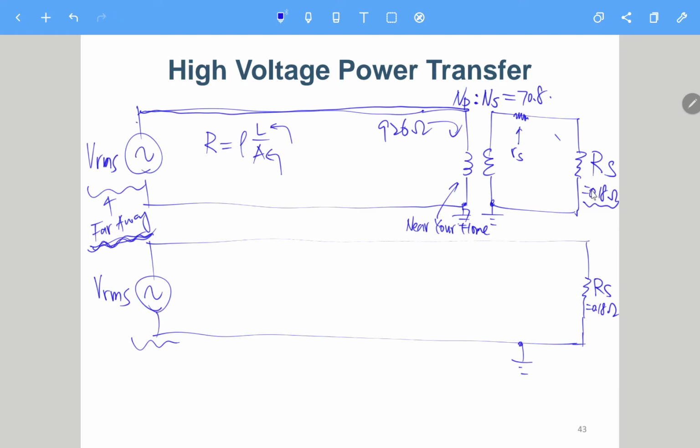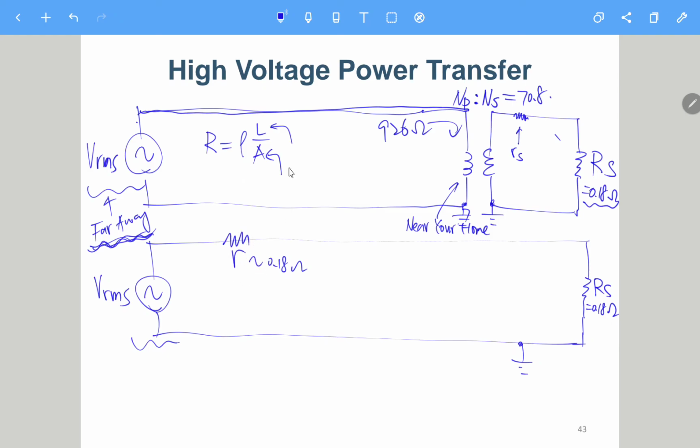If we just transfer the power from far away using a very low impedance, this R can be comparatively large to your resistance. Let's say this is near 0.18 ohm, then much power will be consumed there, which means there is a lot of power loss.